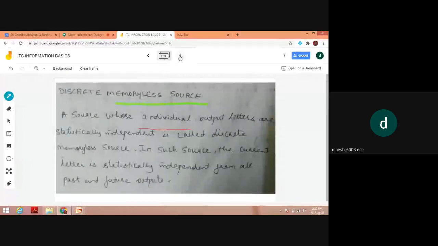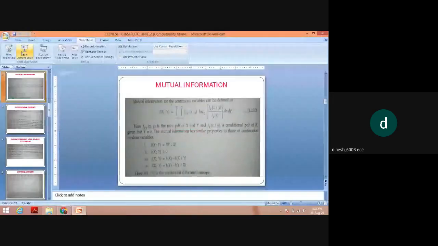So after the different types of sources, what you are going to see is mutual information. So I'll go back to the mutual information.